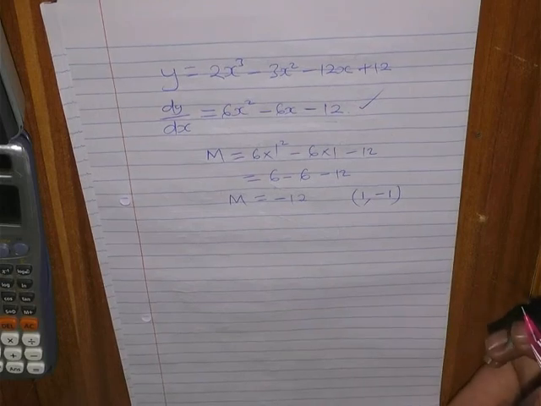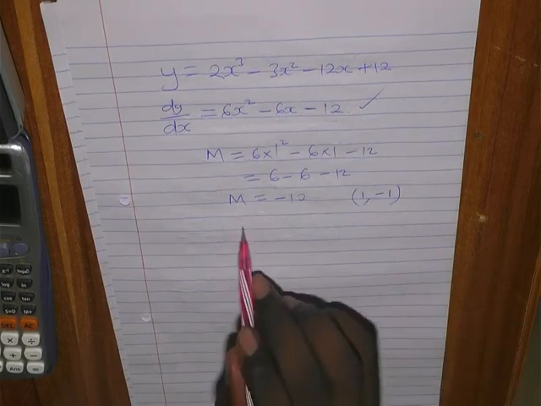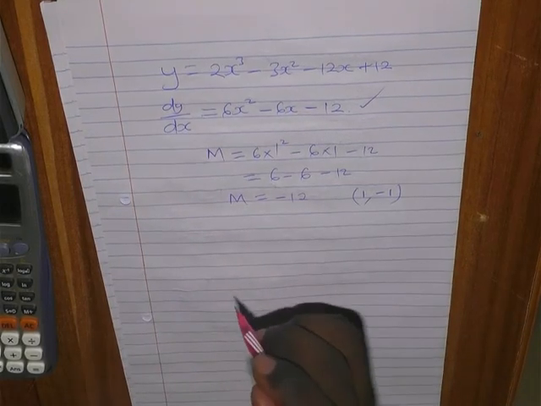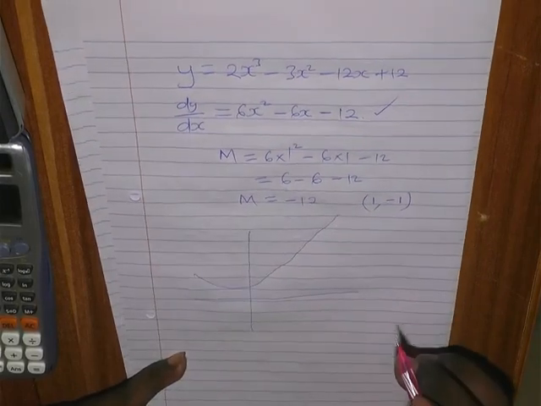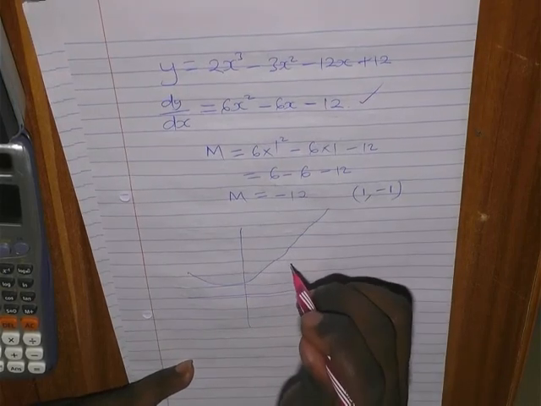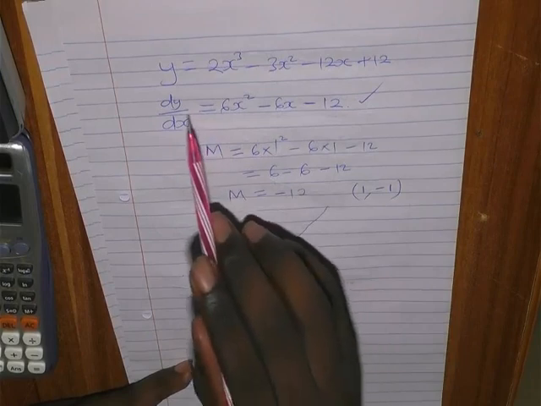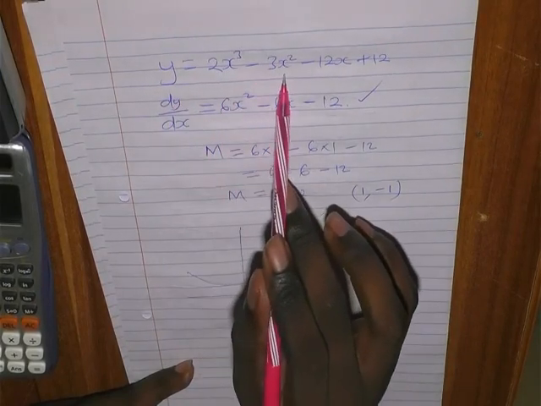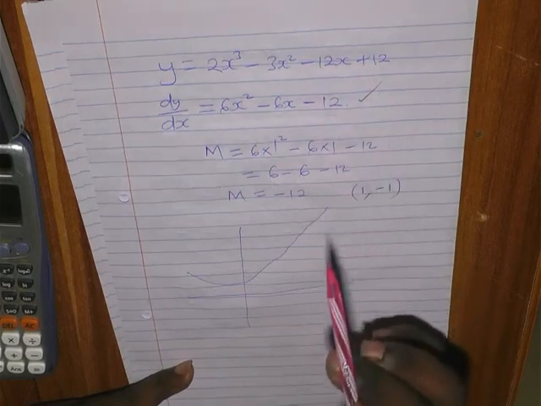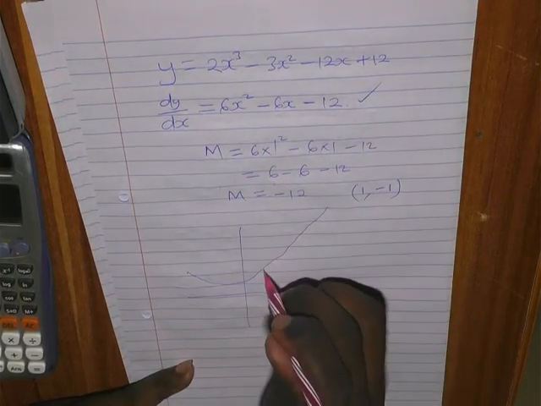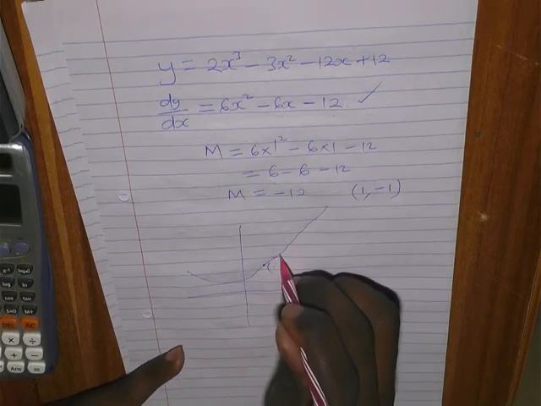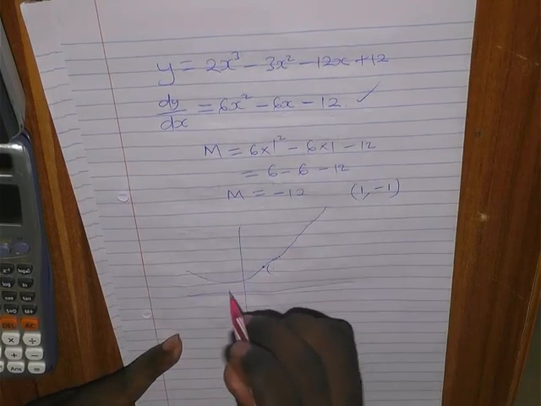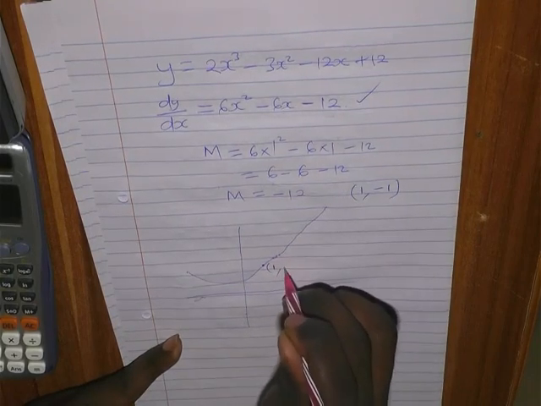Now the other thing that we need to find is the gradient of the normal. This is the gradient of the tangent. Now we need to find the gradient of the normal. So if you're given a curve, y is equals to 2x cubed minus 3x squared minus 12x plus 12, first of all you need to get the point, which is 1, negative 1, down here.